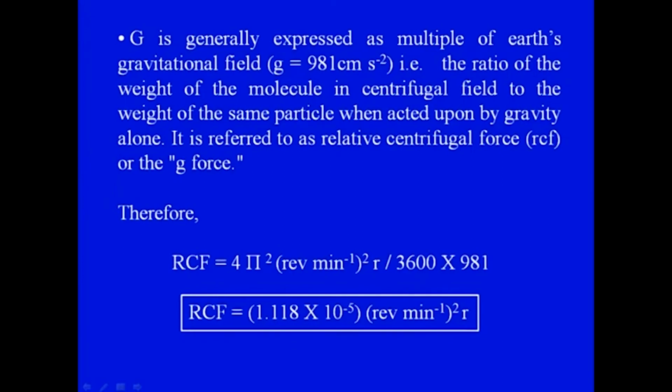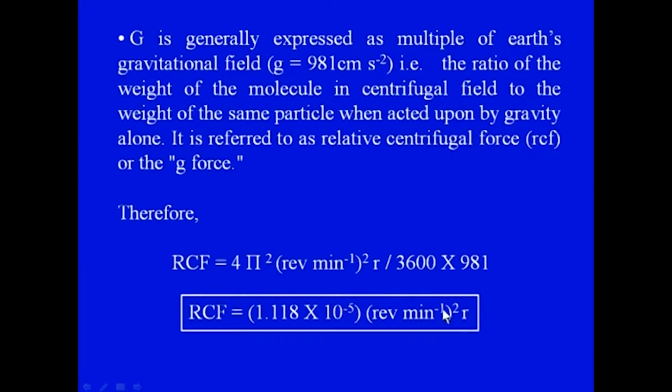It is referred to as the relative centrifugal force or the G force, and the relative centrifugal force can be given by this particular equation, where you divide by 981, the gravitational acceleration.